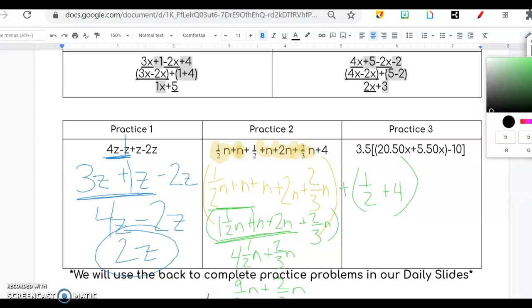I'm going to find a common denominator of 6. So 9/2 times 3 over 3 gives me 27/6, and 2/3 times 2 over 2 gives me 4/6. 27 plus 4 gives me 31/6 n.